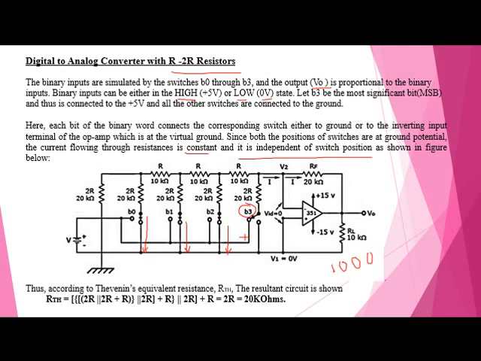After this grounding, the total resistance of these two is 2R, that is 2R parallel with R. Then you come to 2R. Again this total is 2R. Again 2R is parallel to 2R, giving R, and again you come to 2R. Finally we get 2R, and this 2R value is equal to 20 kilo ohm.